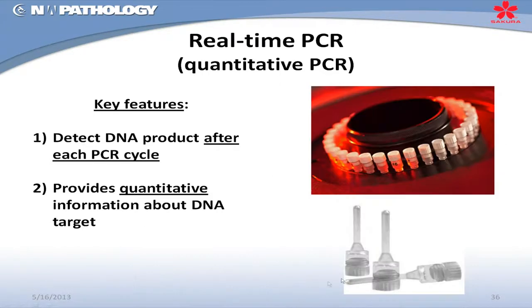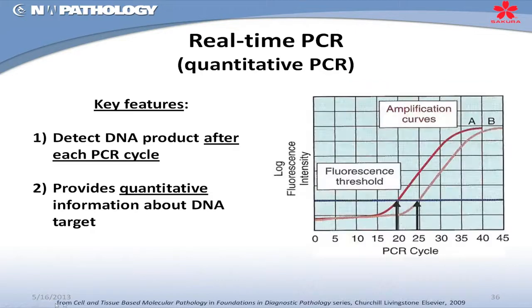And if I could just go back here, we do these reactions in these thin capillary tubes where fluorescently labeled various forms of detection devices to detect these products can be used actually at the end of each cycle of PCR. We can quantitate how much has been produced, and that allows this real-time quantitation to show us how much original starting material of the target we had.